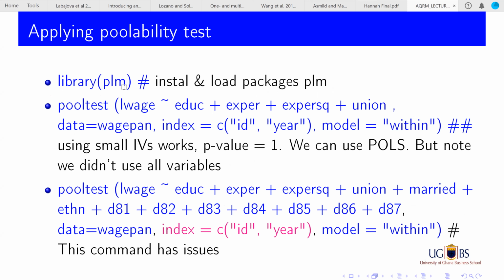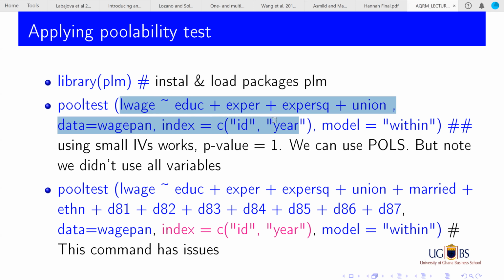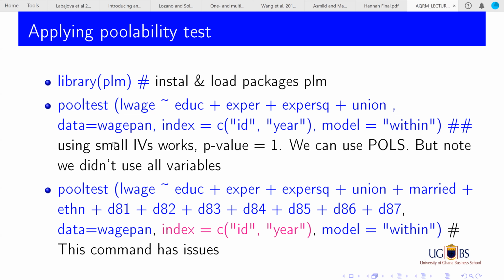Invoke the library plm if you have not already done that. Then you type into R your pooltest, the log of the wage, everything as it is. And then run your within model, which in this case is the fixed effect model.